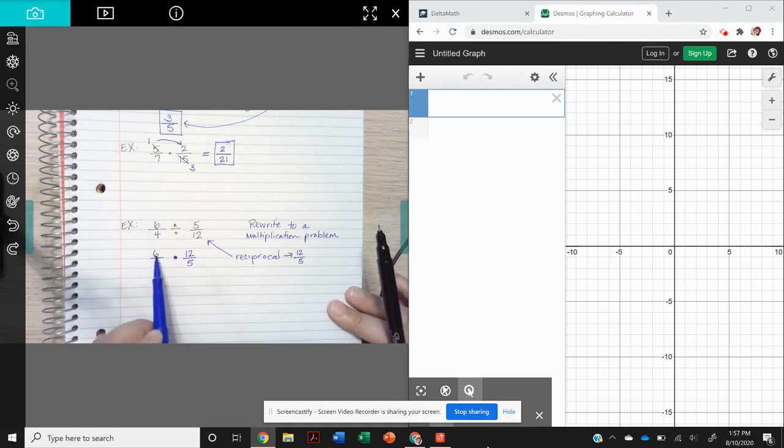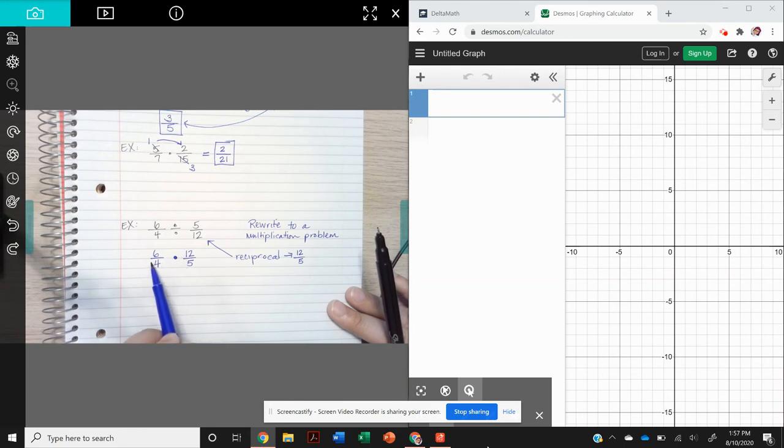All right, 6. So 6 and 4, those are divisible by numbers that they have in common. I can divide by 2, or I can look over here at 12, and 12 is divisible by 4 as well. I'm actually going to take the 12 in this case because 12 and 4 are divisible by 4.